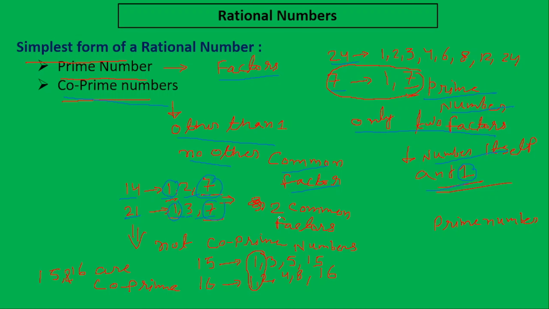So look at the common factor and say whether these are co-prime or not. Very important concept, very easy to understand, very vital. Tomorrow you are going to use this.